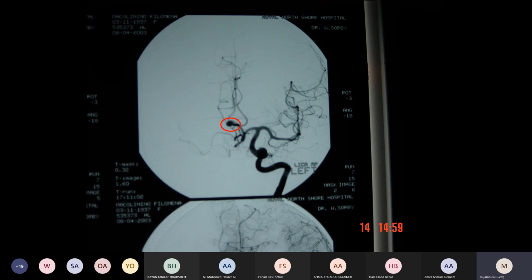We usually name an aneurysm based on its location. This is an aneurysm located in the anterior communicating artery, so we call it an anterior communicating artery aneurysm. If it is located in the middle cerebral artery, we call it a middle cerebral artery aneurysm. If it affects the carotid, we call it a carotid artery aneurysm. So we name it based on the affected vessel.